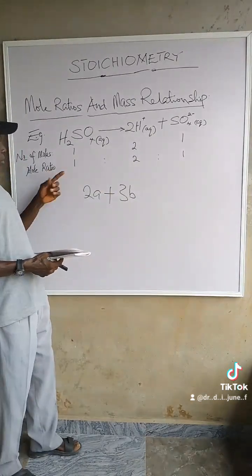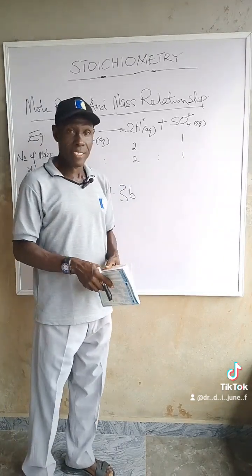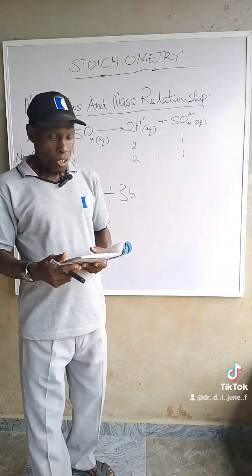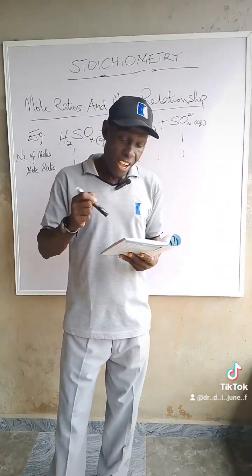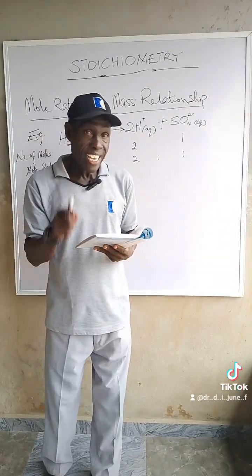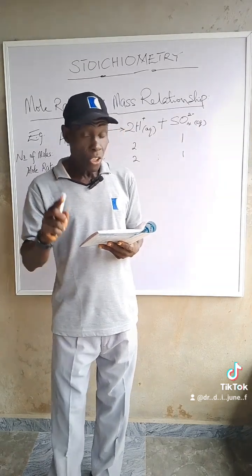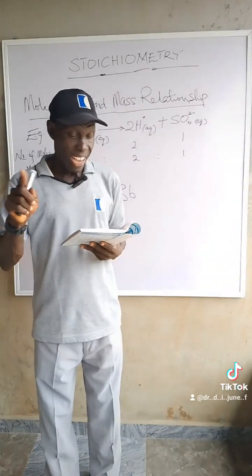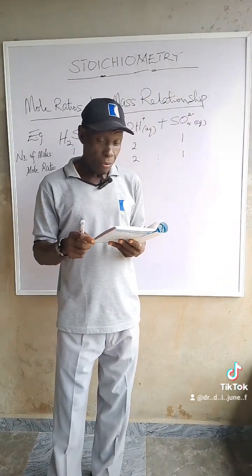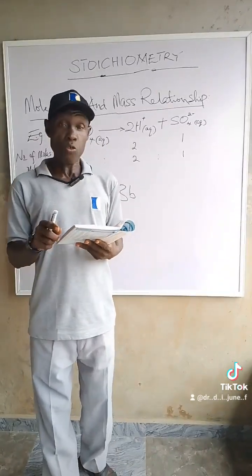The mole ratio is simply what? 1 is to 2 is to 1. That's the mole ratio. So in the ionization reaction we are seeing here, 1 mole of the acid produces 2 moles of hydrogen ions and 1 mole of sulfate(VI) ions in the solution.